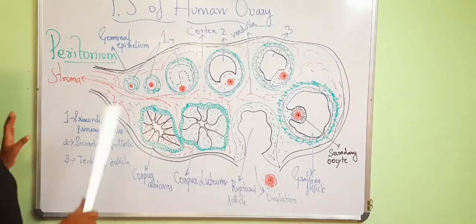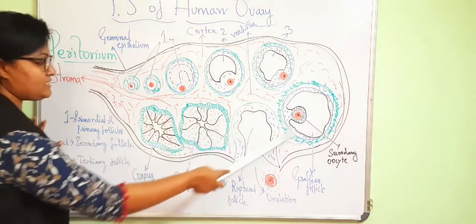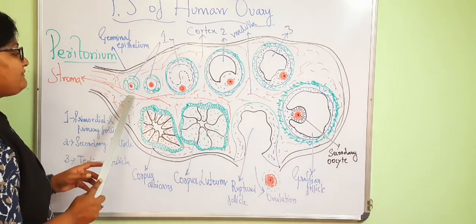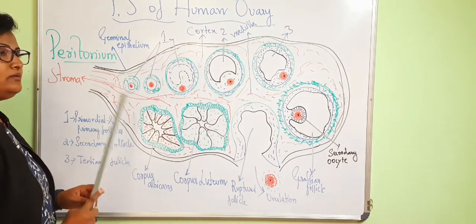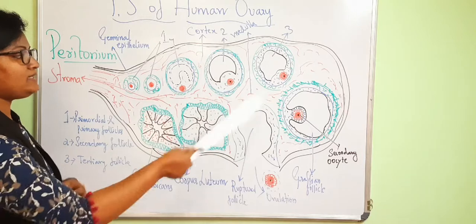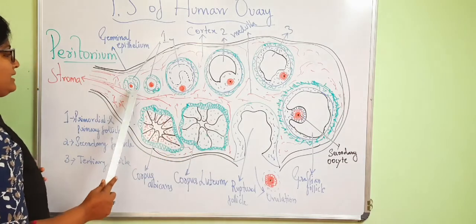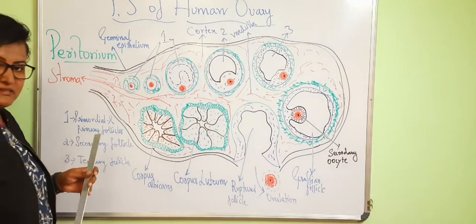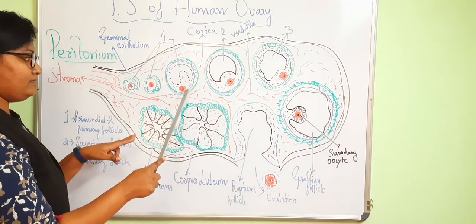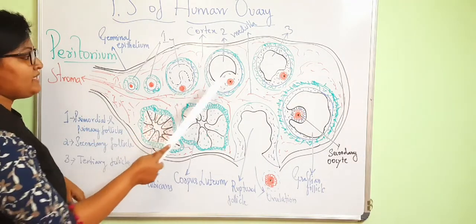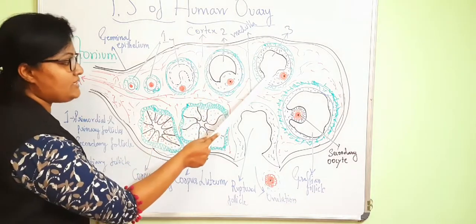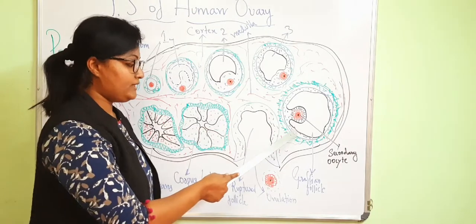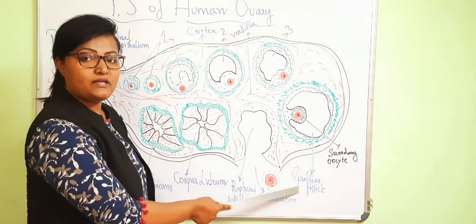Now we can see in the stromal cortex region there are different kinds of follicles. In terms of oogenesis we should understand the structure. Those are primordial follicles, the first formed follicles, which convert into primary follicles, secondary follicles, tertiary follicles, and later the matured follicles called Graafian follicles.